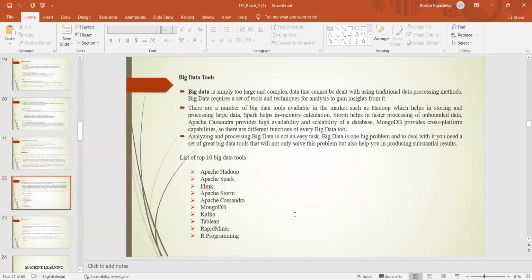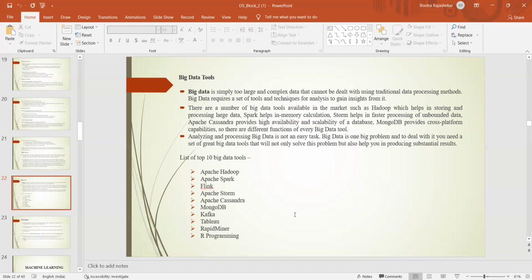Analyzing and processing big data is not an easy task. Big data is a big problem, and to deal with it you need to set up a great big data tool that will solve the problem and also help produce substantial results.